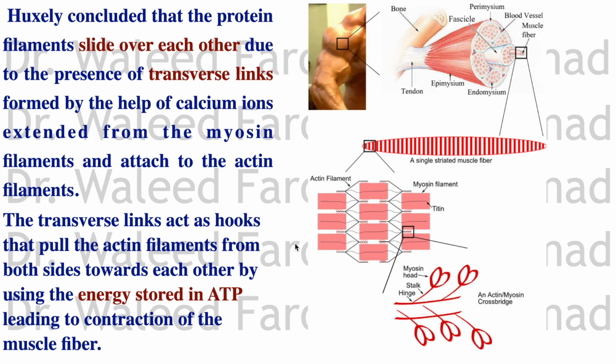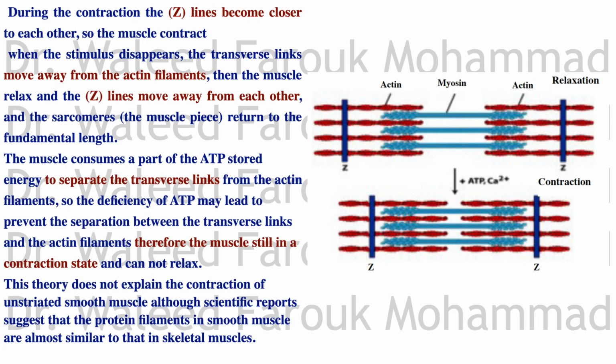Okay, so the transverse links act as hooks that pull the actin filaments from both sides using the stored ATP. Okay, so remember the transverse links connecting myosin to actin. Okay, see, this is muscle in the relaxed state. This is muscle in the contraction state.